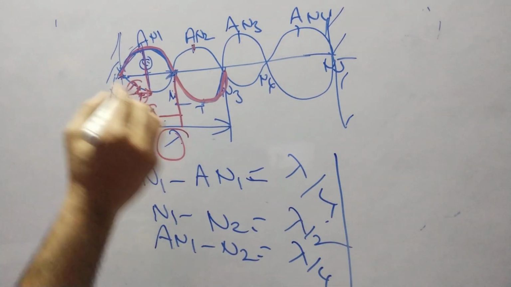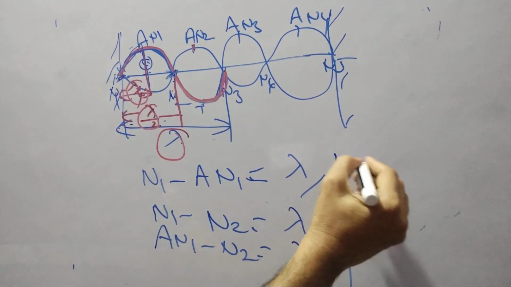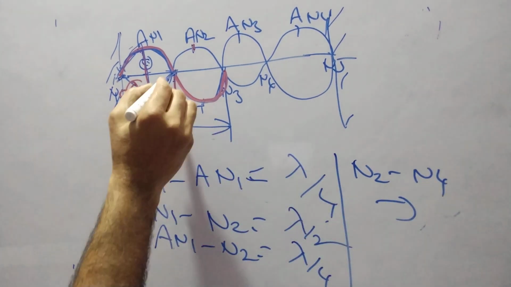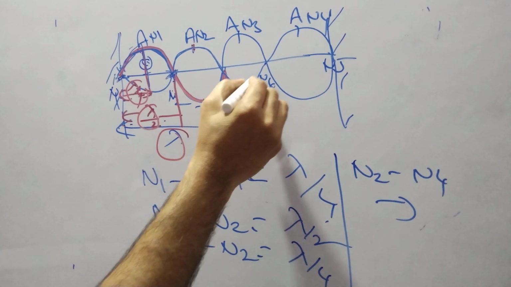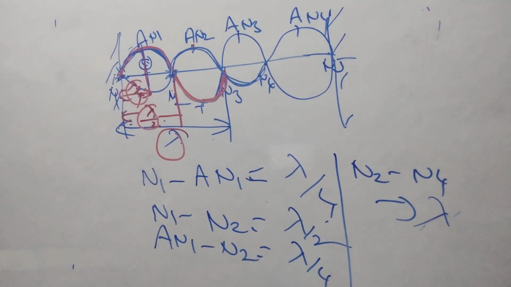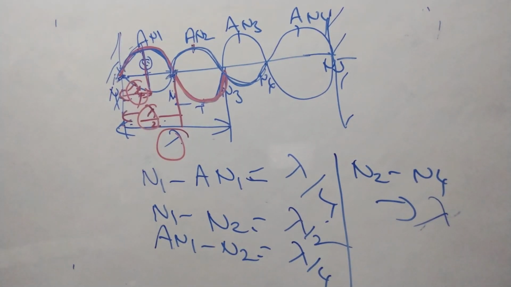Next, node 2 to node 4: this is the total cycle, so the total cycle is lambda. Like that you can write down in terms of lambda between nodes and antinodes.